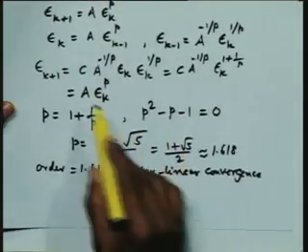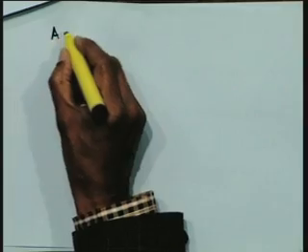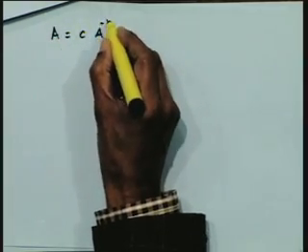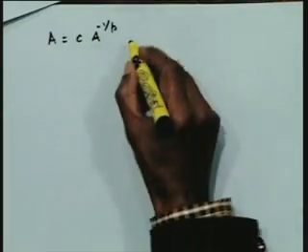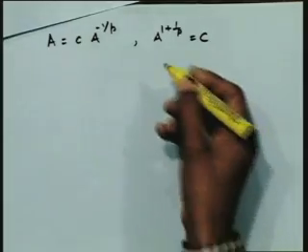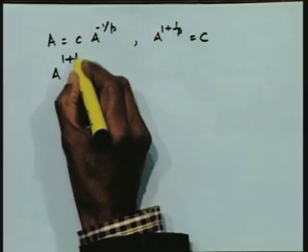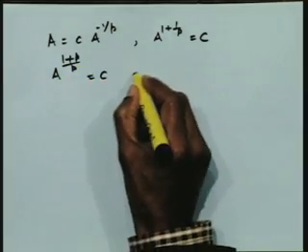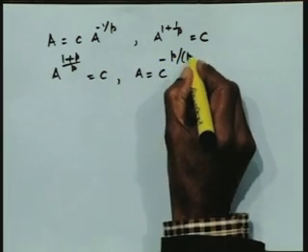So, I should have A equal to C into a to the power of minus 1 upon P. Now, bring everything to the left hand side, that is A to the power of 1 plus 1 upon P equals C, and I want A in terms of C. So, we would write this as A into (1 plus P) by P equals C, or A equals C to the power of P upon (P plus 1).